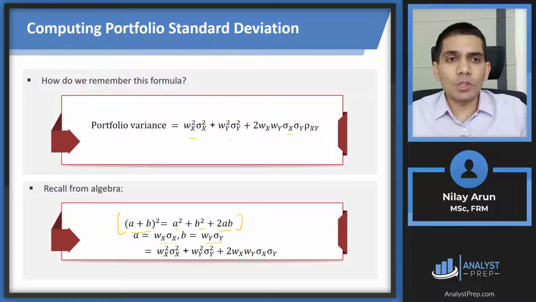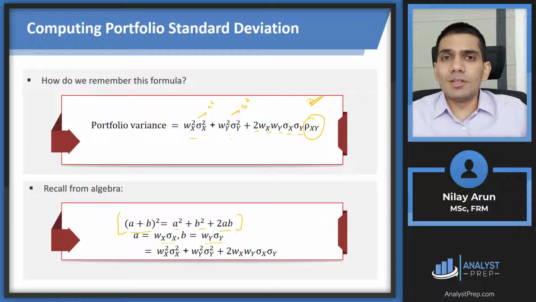So this is a square. That's b square. Then that's your a and that's your b. So we need to do 2ab. That means 2wx sigma x and wy sigma y. So you end up with this. So you have these four terms. However, the term that this will not be able to give you, and that's something which you need to memorize, is the last one. That is the correlation term. And remember, this is the most important term.